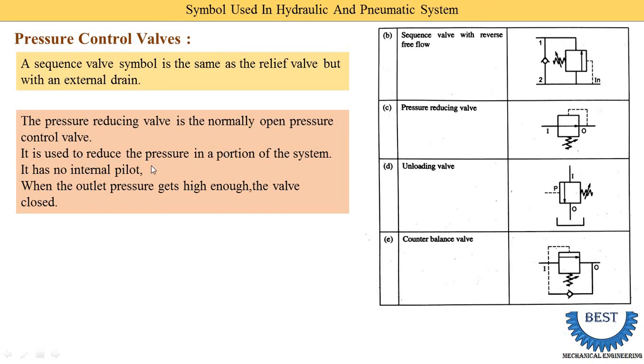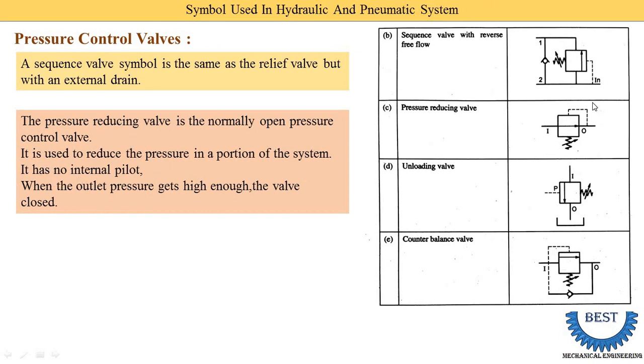It is used to reduce the pressure in a portion of the system. It means it is used in a hydraulic or pneumatic system to control the pressure of certain portions of the system. It has no internal pilot, meaning from the input pipe, the oil or air is not supplied to this pressure reducing valve. In this case no internal pilot is there.